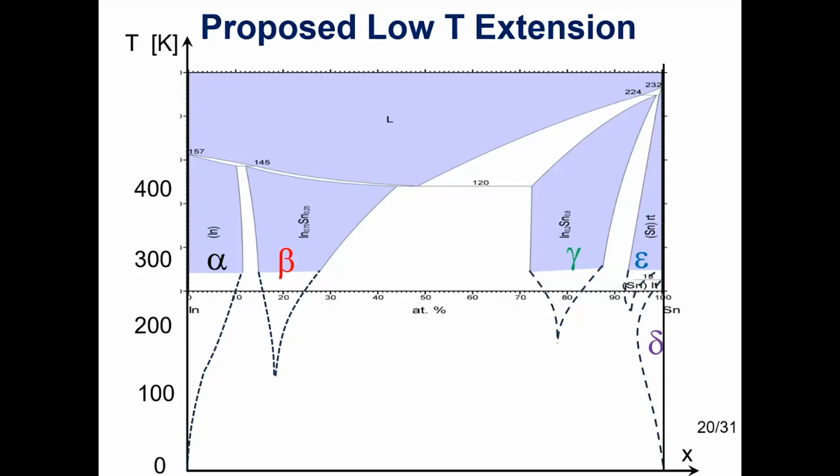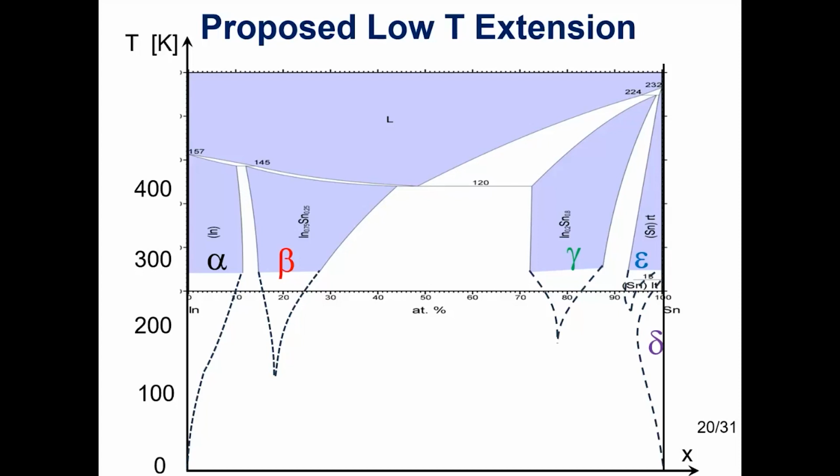The composition range, the solubility of indium, should vanish to a point in the limit as T goes to absolute 0. The composition range of beta actually pinches off at a finite temperature, not far from 100 Kelvin, a little above 100 Kelvin. And so beta is actually only a high temperature phase.